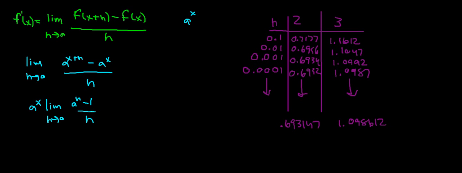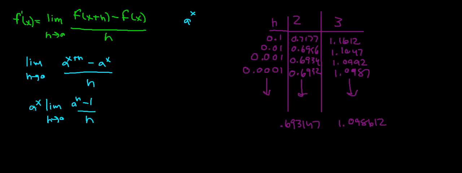So here is where the definition of e is going to begin. If this part over here, a to the h minus 1 over h, were something easy to deal with like 1, so if this were equal to 1, then the derivative would be really easy.